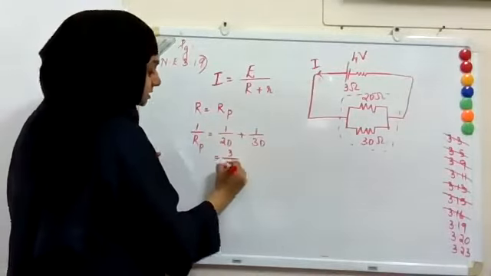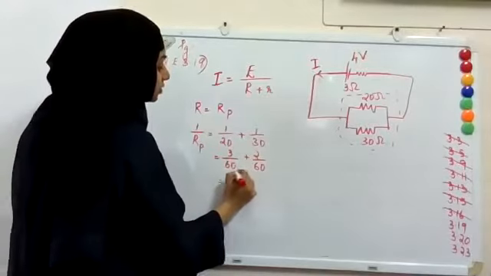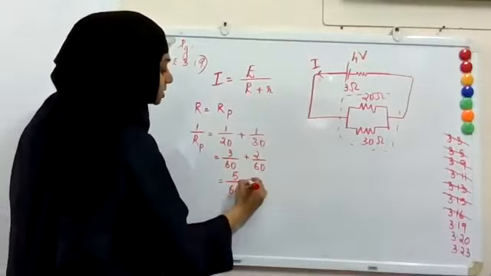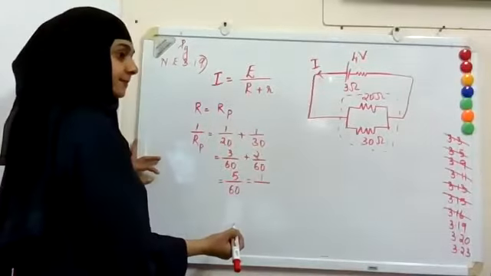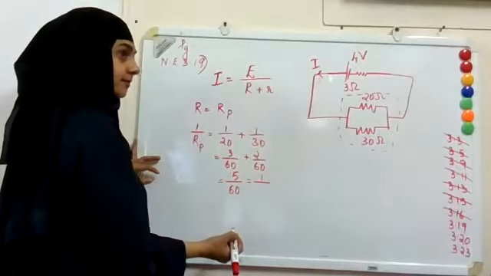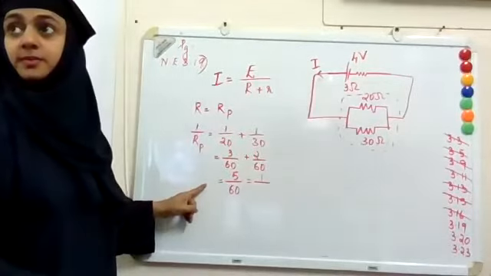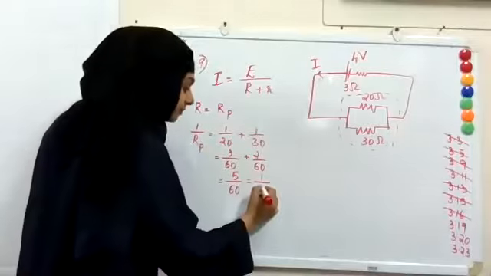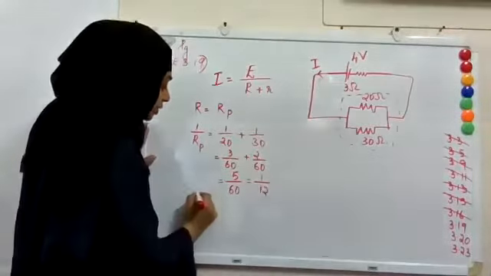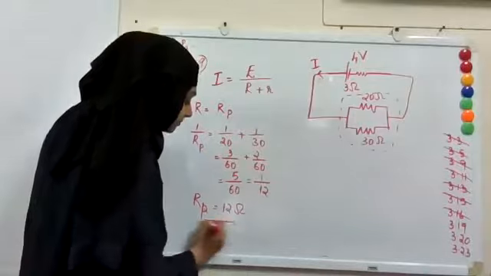So 3 by 60 plus 2 by 60, which is equal to 5 by 60. What is 5 by 60? 1 by 12, that is 60 divided by 5. So RP is equal to 12 ohms.